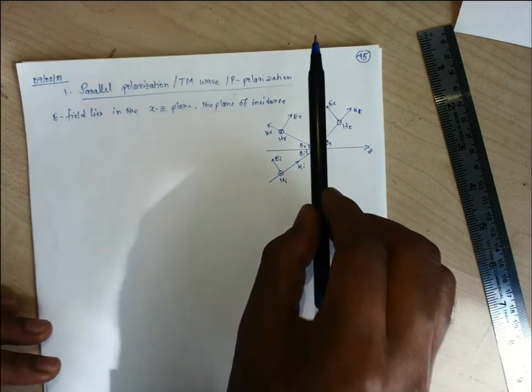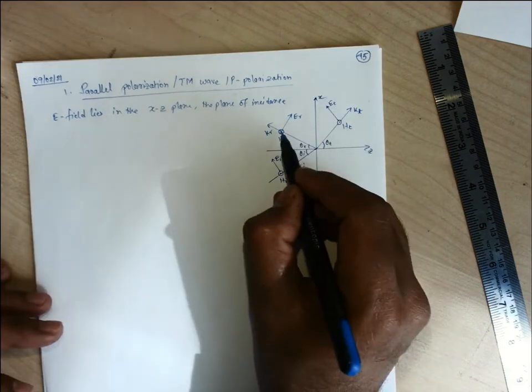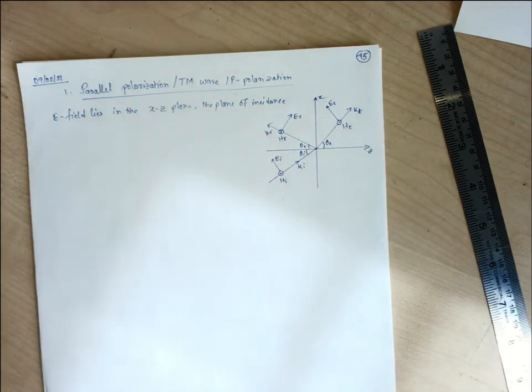So on this, either it is upward or downward. So the magnetic field is parallel to the interface which separates two different media. That's why it is known as TM, transverse magnetic wave. Or you can consider that transverse magnetic wave means the magnetic field is perpendicular to the plane of incidence.